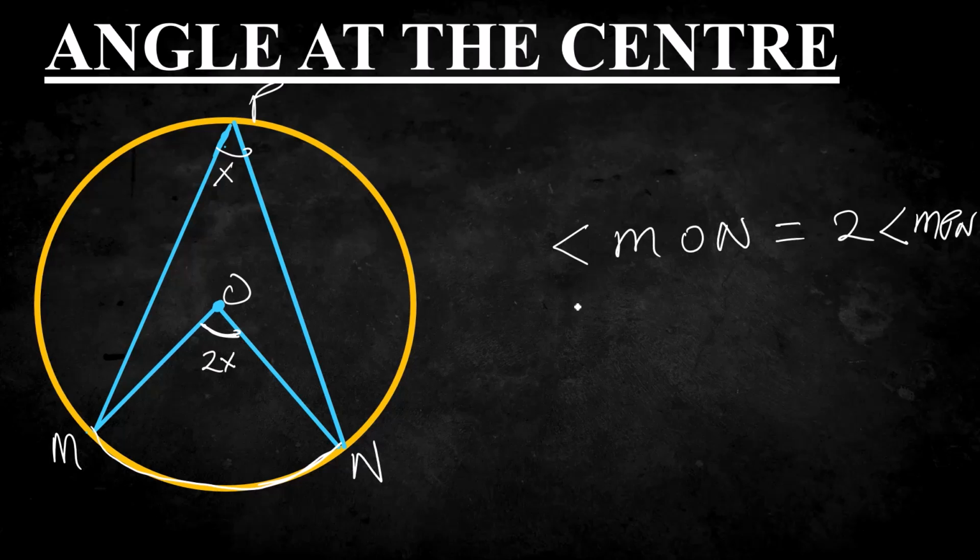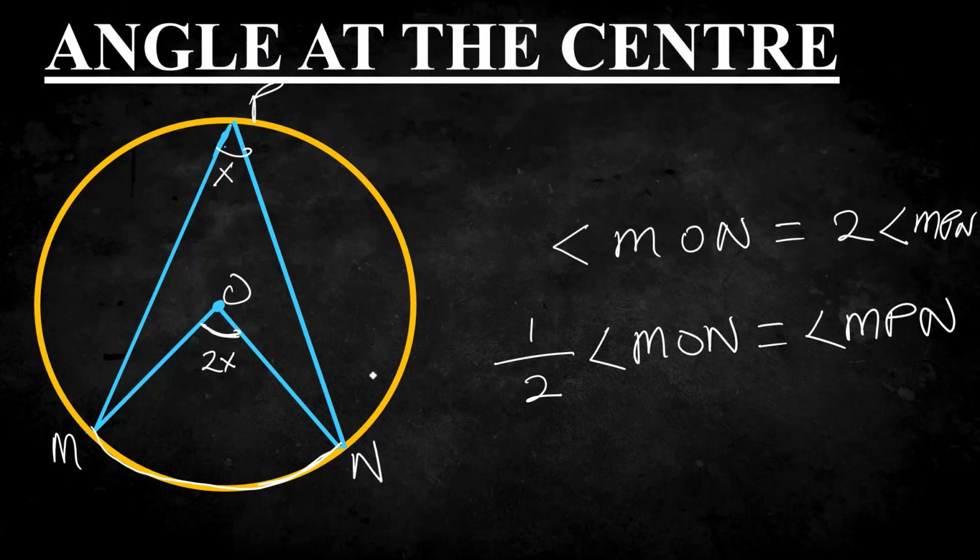That's the idea. When I divide both sides by 2, half of angle MON will be the same as angle MPN. So when you divide this side by 2, it gives you this side. That is the first property.